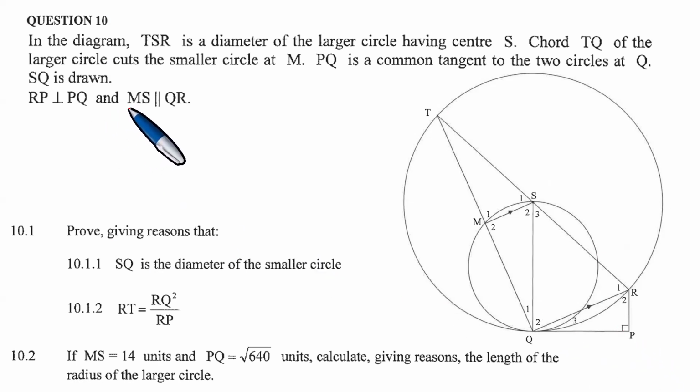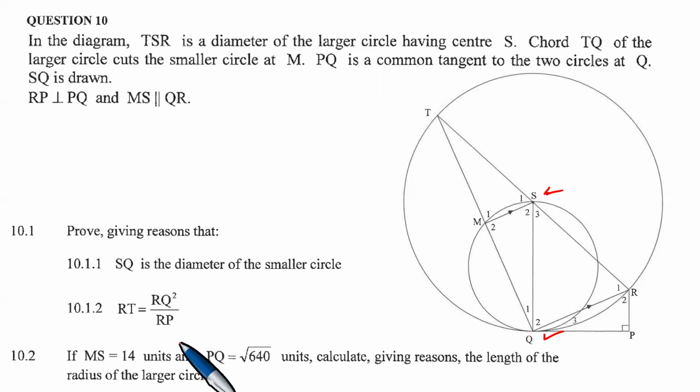And MS is parallel to QR. Parallel lines there. Prove, giving reasons, that SQ is the diameter of the smaller circle. You need to prove that here is S and here is Q. Prove that SQ is the diameter of the smaller circle.